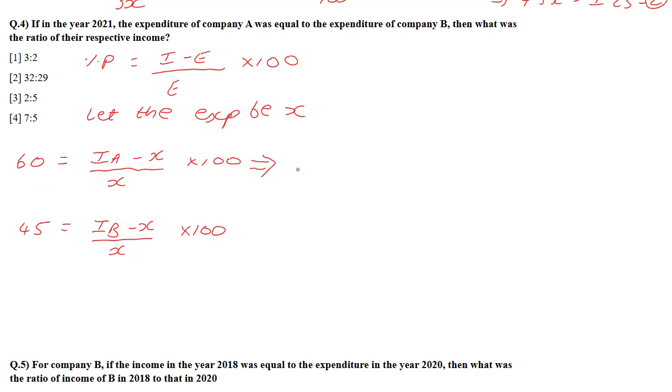So we end up with 60x upon 100 is equal to IA minus X. That further implies 0.6x is equal to IA minus X. And finally, X over here, subtraction goes that side, it becomes addition, and we say that 1.6x is equal to IA.